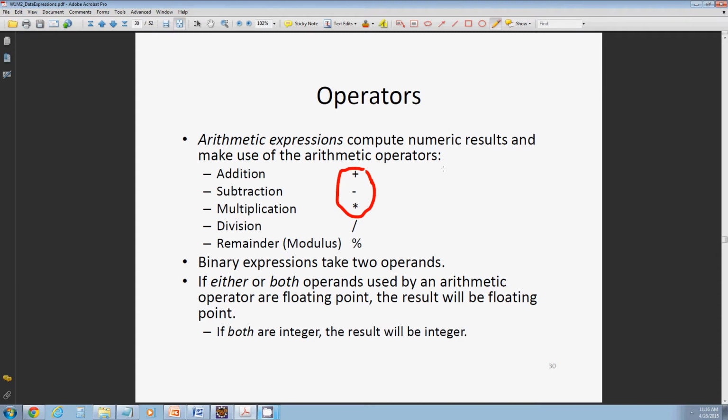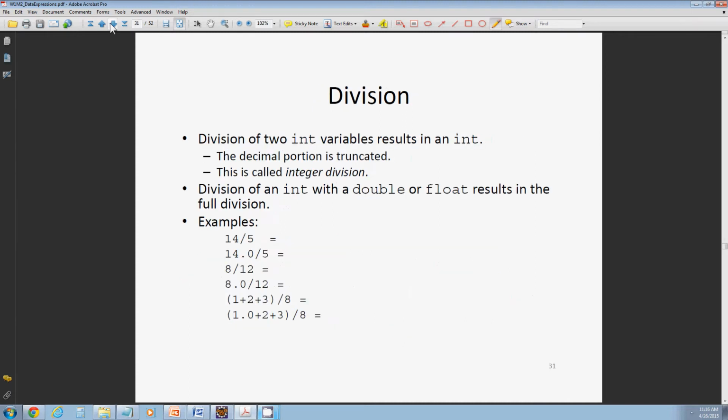Now, in terms of division and remainder, Java treats division a little bit differently. So for division, if both operands are integers, the resulting expression of the division will also be an integer. And what happens is the decimal portion, if there is one, just gets truncated. So there is true mathematical division, and then there's a way that Java divides two integers, and they're very different.